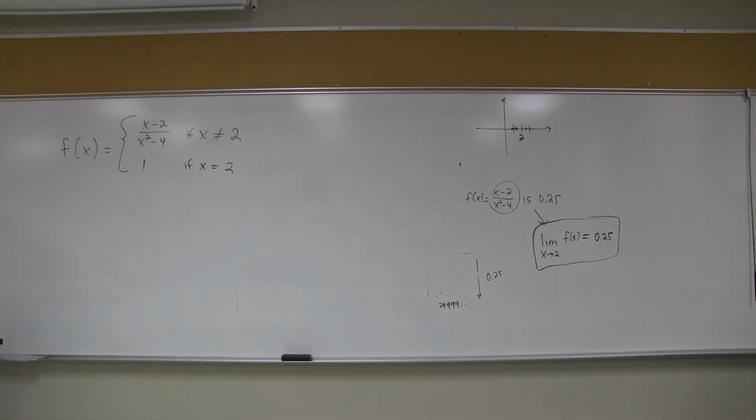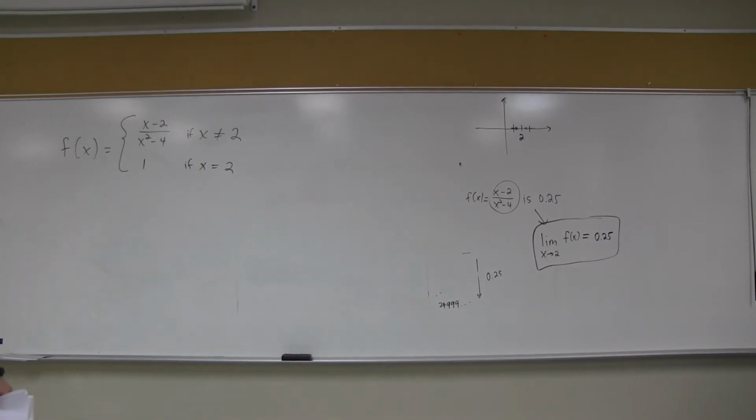All right, so I've defined this function. Basically what I've done is I've filled in one of the gaps anyway. If x equals 2, the function is 1. So this piecewise function is no longer undefined at 2.